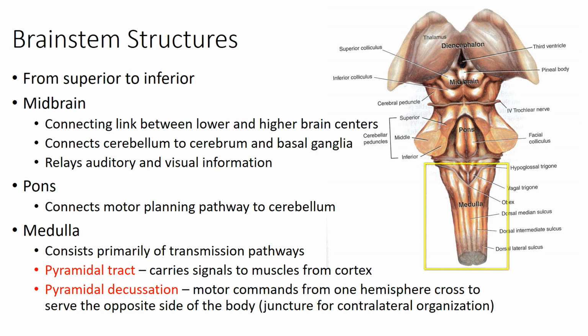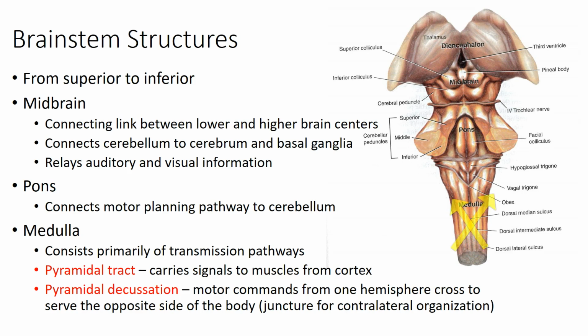The medulla is the lowest part of the brainstem, and it is fairly similar to the spinal cord itself. It mostly has transmission pathways, but there are a few reflex areas in the medulla for some of your basic survival functions. One of the important structural aspects of the medulla is the pyramidal decussation.